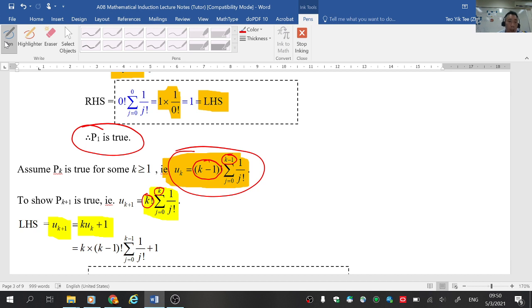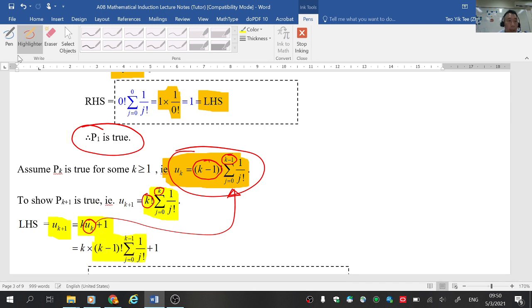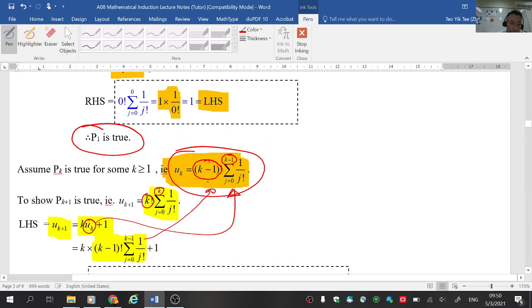Then, what is uk? uk, by your assumption, is equivalent to this. Make use of your assumption and replace accordingly. So k times this whole section, which I can copy down. This whole yellow section is technically taken from this orange section.